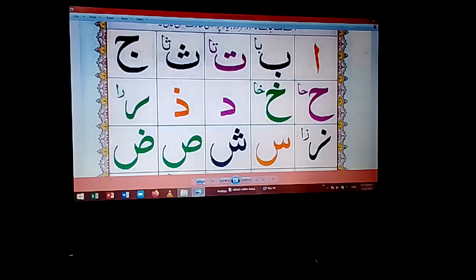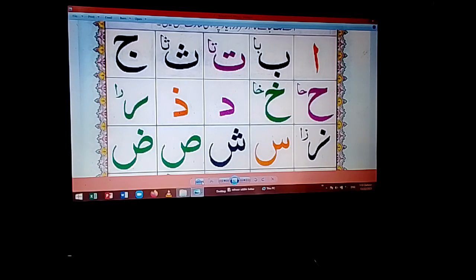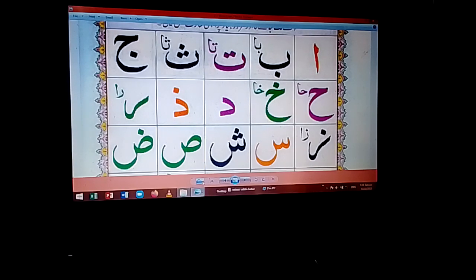In the previous lecture we learned a few letters from the Noorani Qaida, those words were 5, 6, 7, 8, 9 words. The very first word, the orange word, was alif. That is very easy to understand, but the remaining three are similar in shape, and as I told you in the previous lecture, the dots are very important, which makes them different.